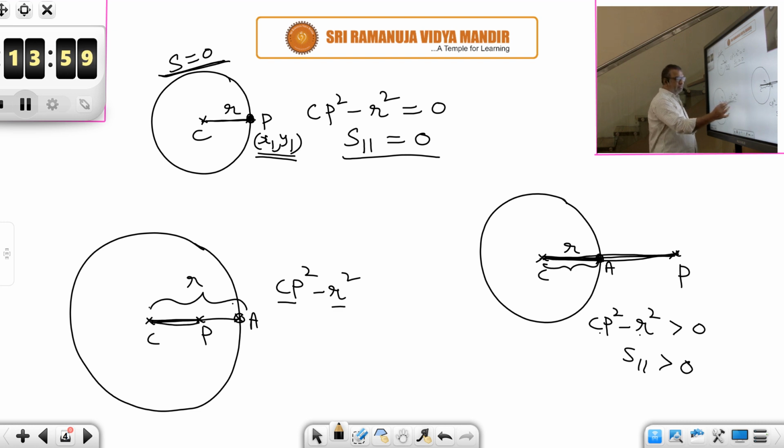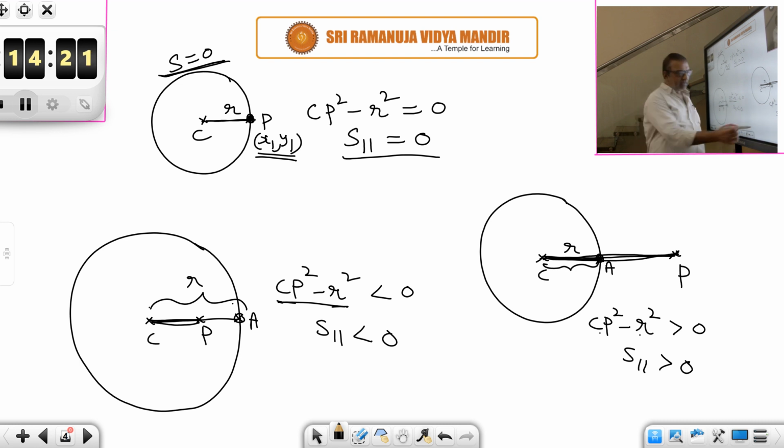Cp is less and R is more, Cp square minus R square is negative. But that is the definition of power of a point. Power of a point formula is S11. Cp square minus R square is just equal to S11 only. We have seen it. So S11 is negative. So for a point inside the circle, power is negative.